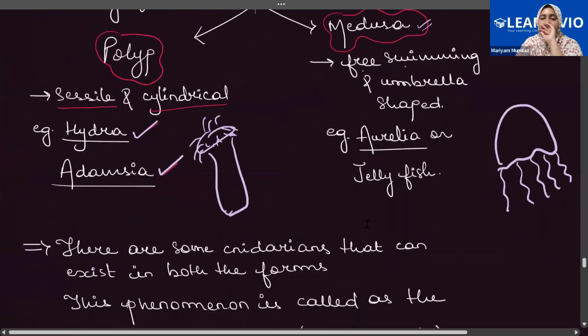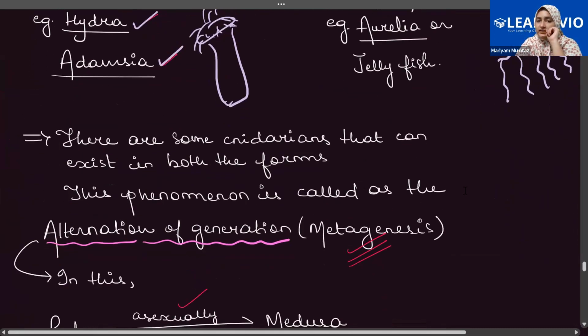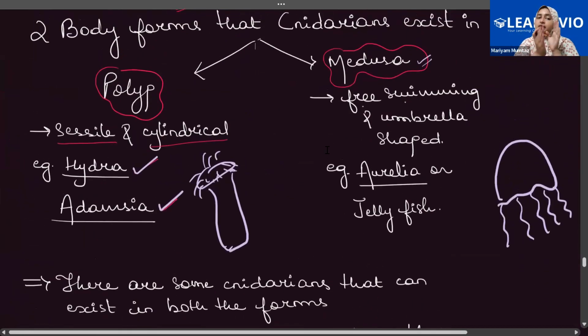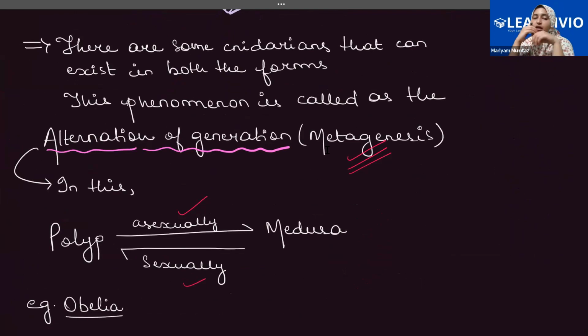All right. Now see, there are some cnidarians that can exist in both forms, meaning they can be in the polyp form also, and they can turn into medusa forms. This property of existing in both body forms, polyp and medusa, we call alternation of generation, that is metagenesis.